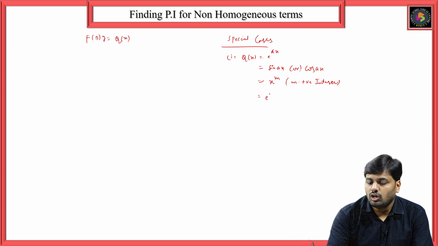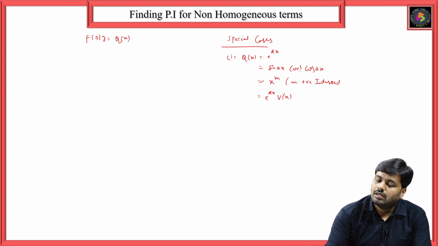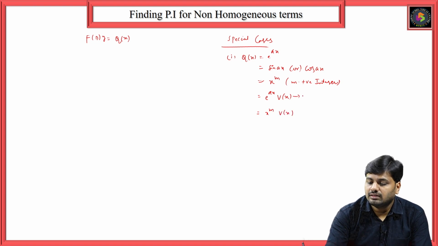The next case is a combination of the above functions, that is e power ax into V of x. The last one is x power m into V of x, where V of x is sin ax or cos ax.